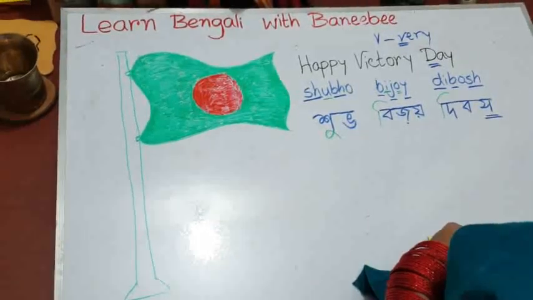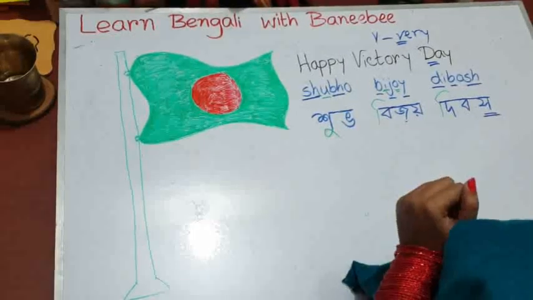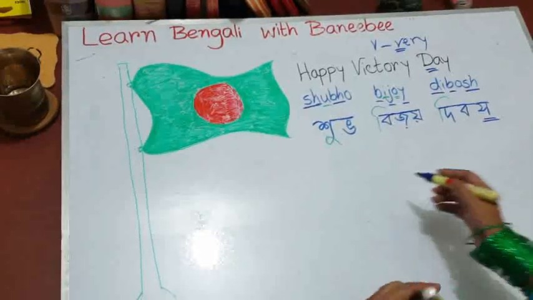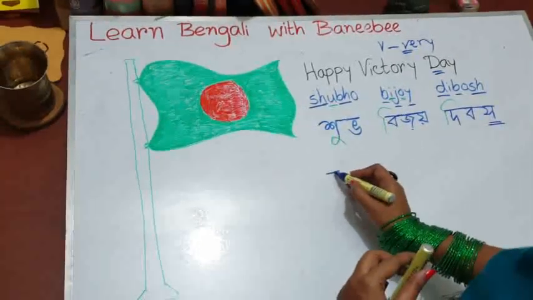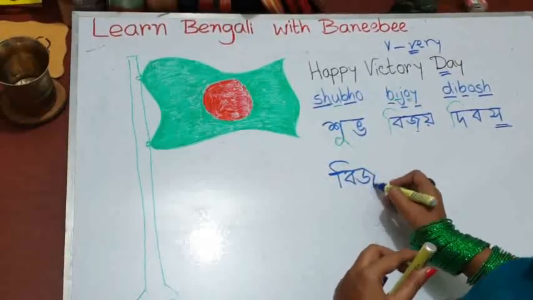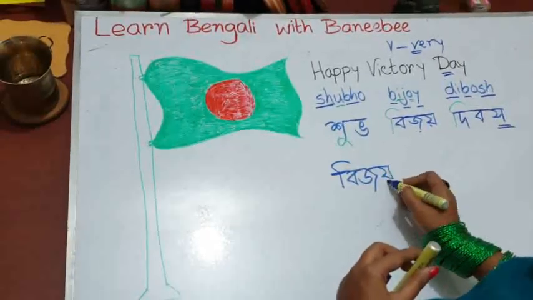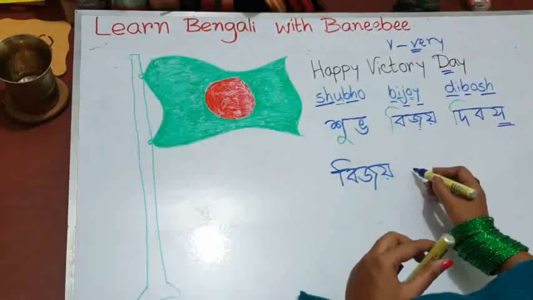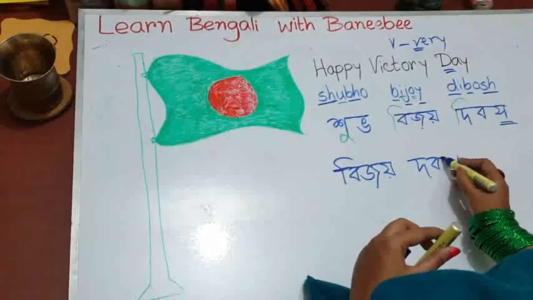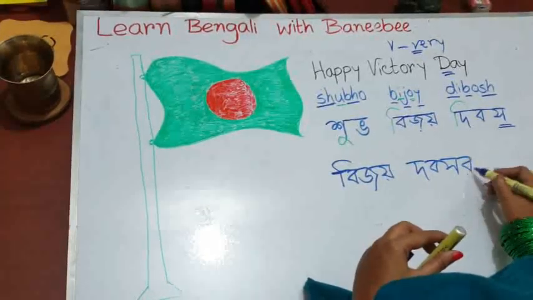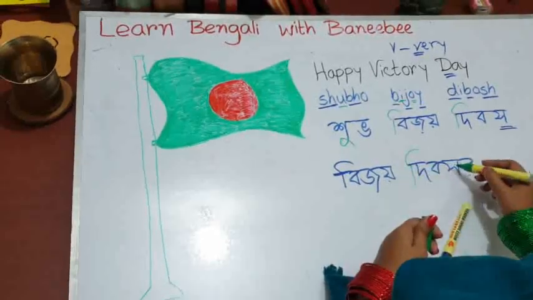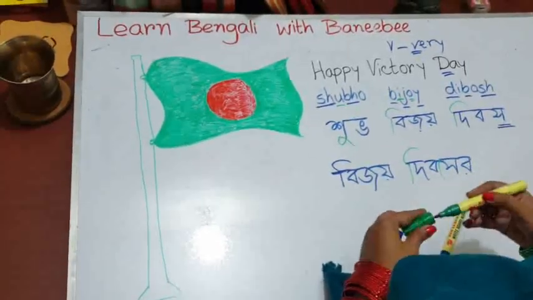And this is one way of saying this, and there is another way. There is Bijoy Dibosher Shubhecha. You know how to write Bijoy. I was using green for the helping vowels. Okay, I will do that for you. Bijoy, Dibosher.